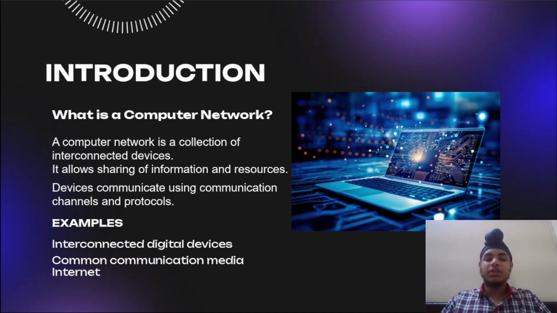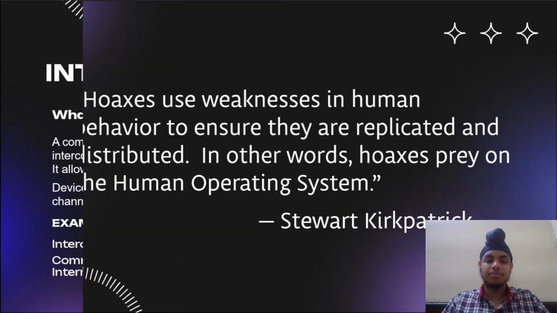Like when we switch on the bulb on our phone, the bulb actually switches on. Other examples of computer networks are interconnected digital devices, common communication media, and the internet. Let's move on to the next slide.